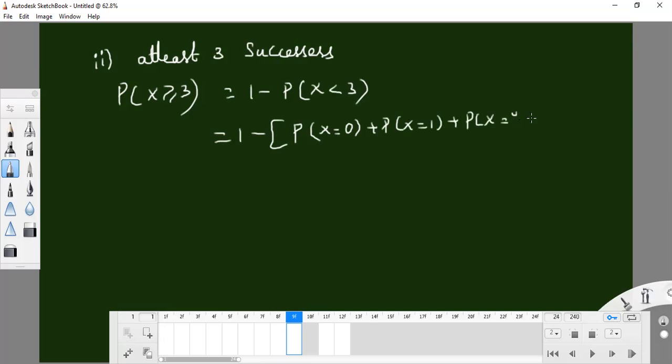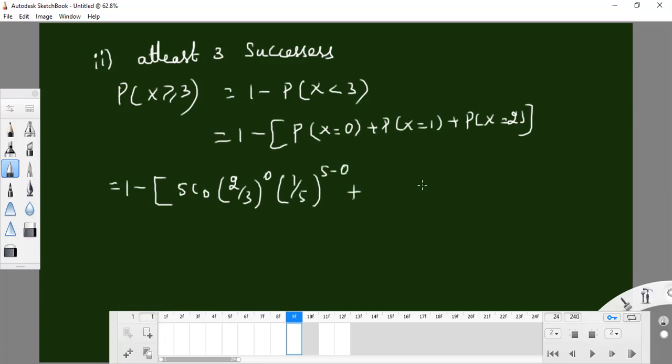So it gives 1 minus 5C0 2 by 3 whole power 0, then 1 by 3 whole power 5 minus 0, plus 5C1 2 by 3, that is p power 1, then q power 5 minus 1.